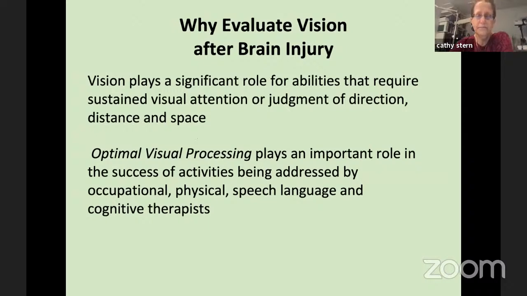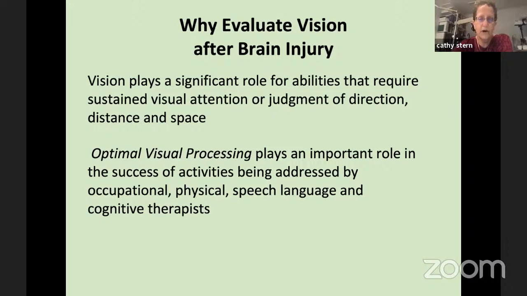And also, we understand that when visual, or what I call the visual process, works well, then we know that we can attend better, we can sustain visual attention, and we have a better judgment of space. So I often say that the things we work on are time and space planning.